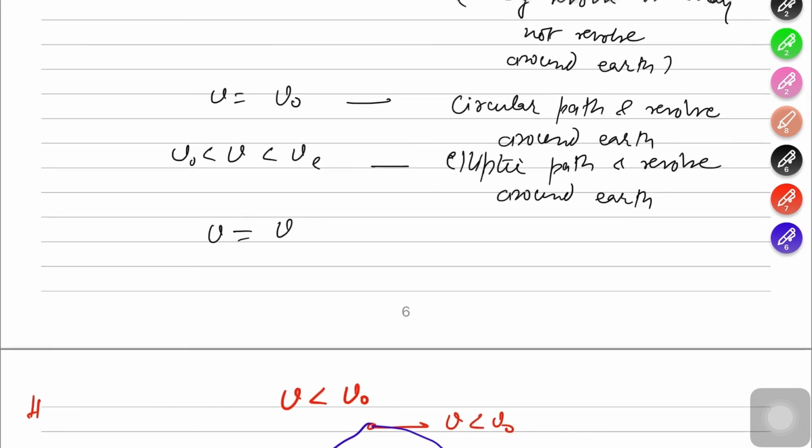And if the projected velocity is equal to the escape velocity, it will escape from earth. By the way, the path will be parabolic, and escape from earth.